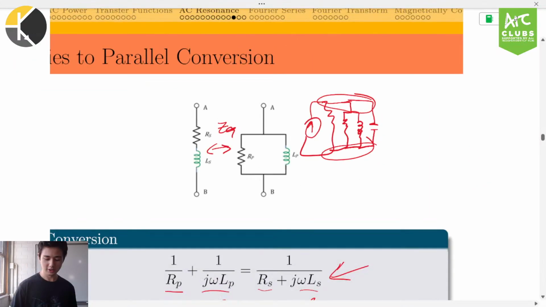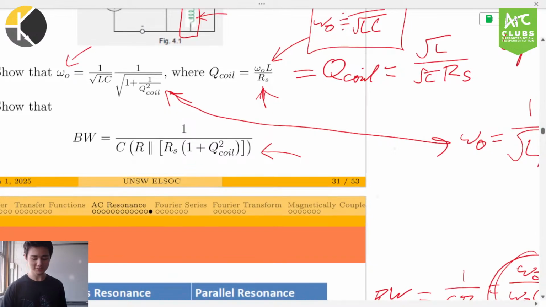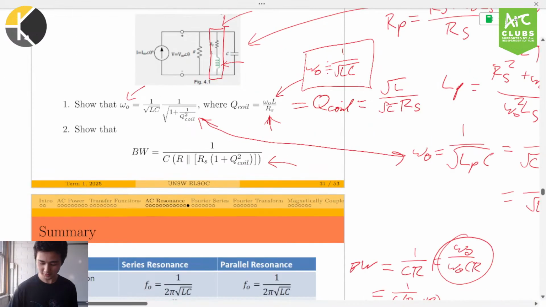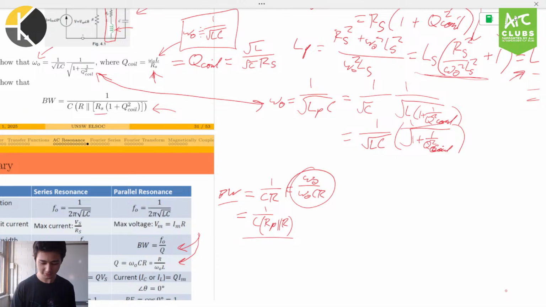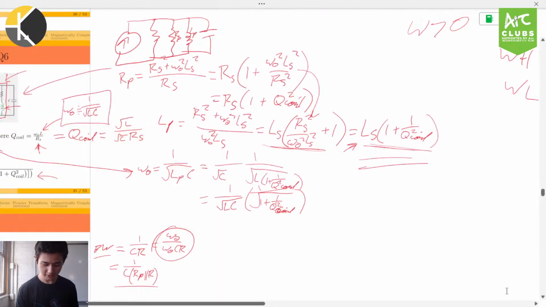All right, now, before I chew up too much time, we say bandwidth equals 1 over C times RP parallel R. We want it in terms of RS though. So we just substitute back, and we know that RP is just a scalar multiple of RS, in fact just by 1 plus Q squared, Q coil squared.